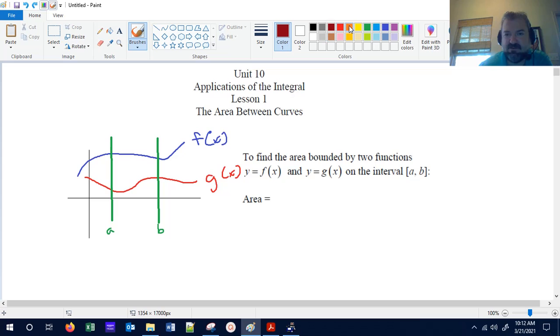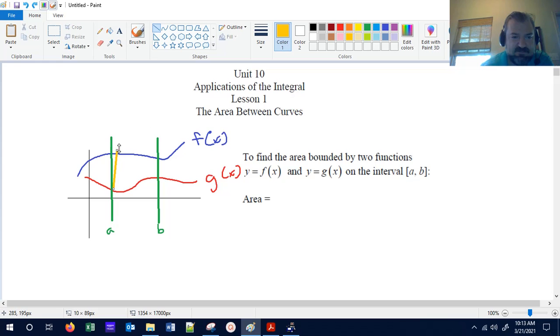Let me get a color I haven't used here yet. I'll use this color. And if we think of these rectangles as being infinitely thin, if I subtract the y coordinate given by f of x, remember f of x is a y coordinate, minus the y coordinate given by g of x, then I get a rectangular height of f minus g.